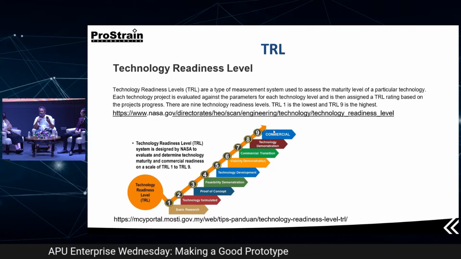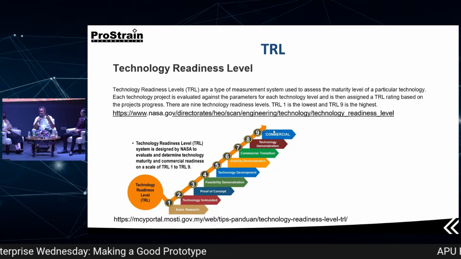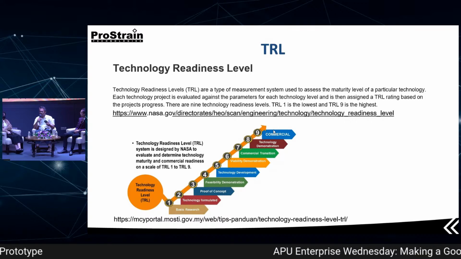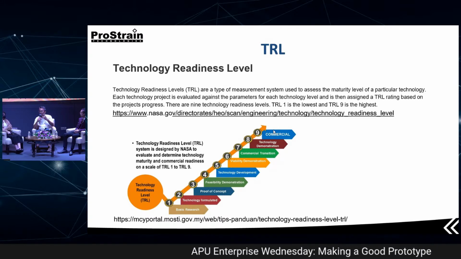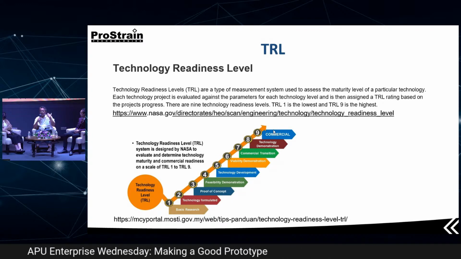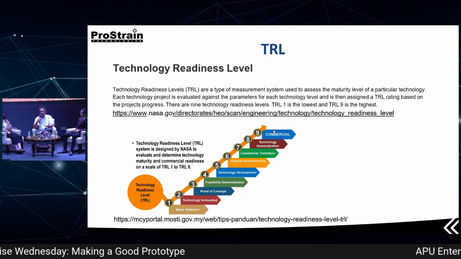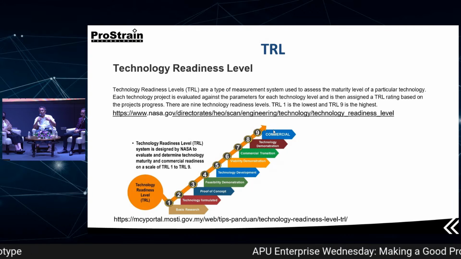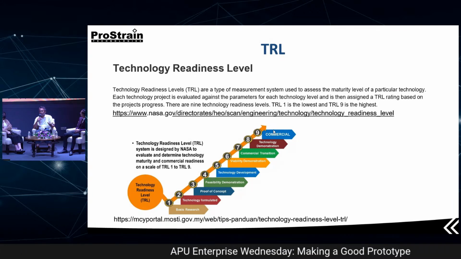CE means the product has been approved to be sold in Europe. It's like a passport. So if your product meets CE, you can say that your product has already achieved TRL 6 or 7. It has been tested, it works, and it complies with the country's regulations.